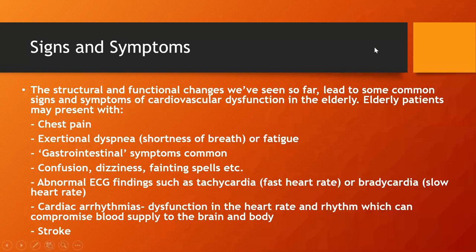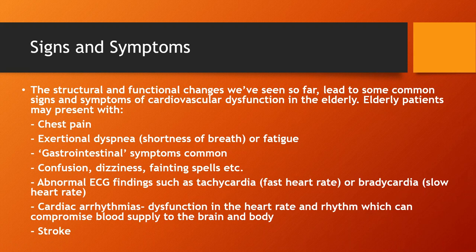Now, here are some of the signs and symptoms that an elderly patient might present with that would indicate some type of cardiovascular dysfunction. So there's usually chest pain, sometimes referred to as angina, because of the coronary artery disease or the coronary artery narrowing. We sometimes see dyspnea, which is that shortness of breath or labored breathing, or just general fatigue because of the inadequate oxygenation to tissues.